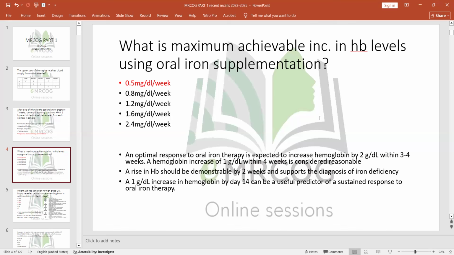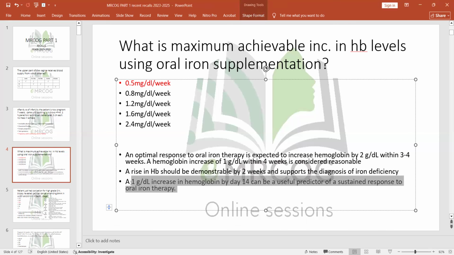If we divide this per week, we are going to have 0.4 to 0.5 grams. Again, 1 gram increase by day 14 is a predictor of sustained response to oral iron therapy. So this woman is going to have an excellent response to oral iron.